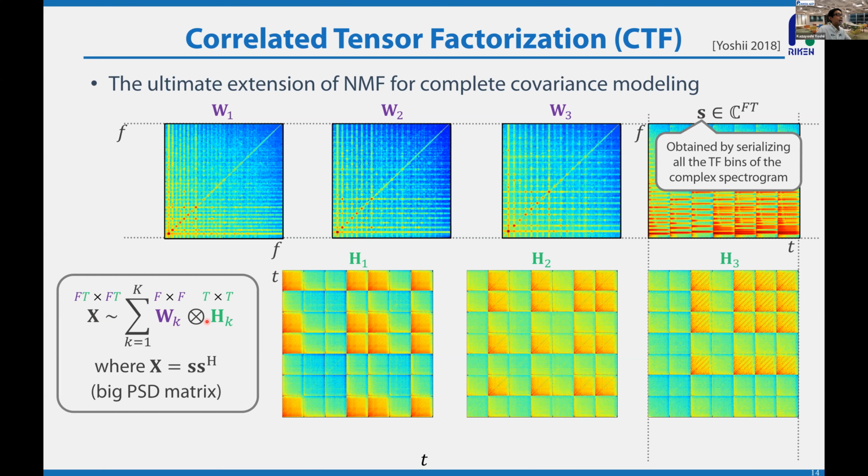It's very interesting. Here we assume that there are F-channel signals. Actually, the CTF or fast CTF is used for single-channel blind source separation.